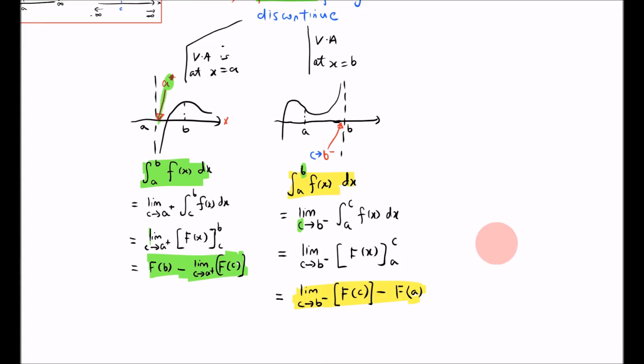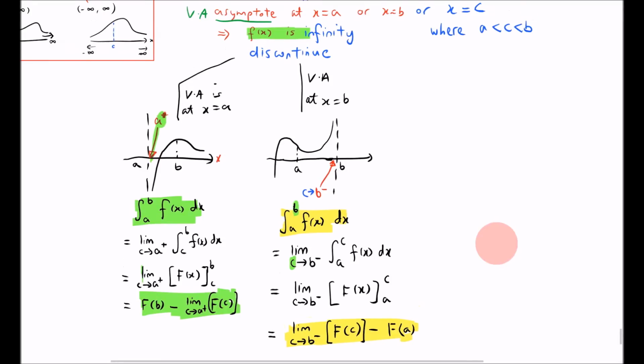Okay, so the last infinity discontinuity will be when the vertical asymptote is at x equals c, where a is less than c and c is less than b. Okay, so your asymptote is in between your intervals of integration.